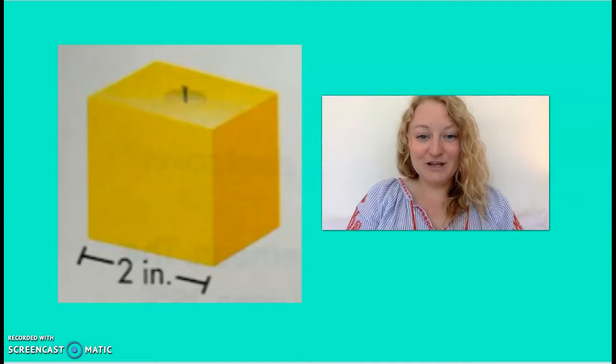So here we have a cube. It looks like a little candle here. And we can see that the width is 2 inches. Because it's a cube, which is made up of squares, we can assume that the length and the width are going to be the same. So we have a 2 by 2 square here for one face.